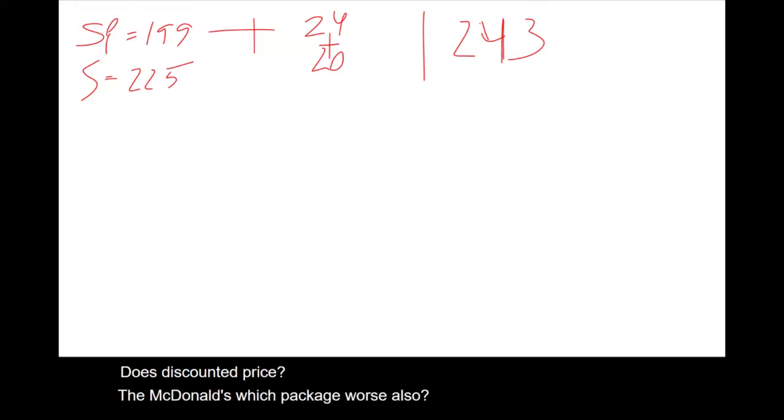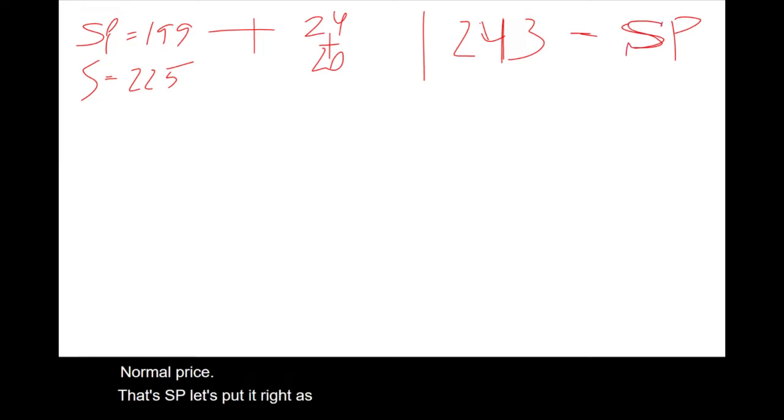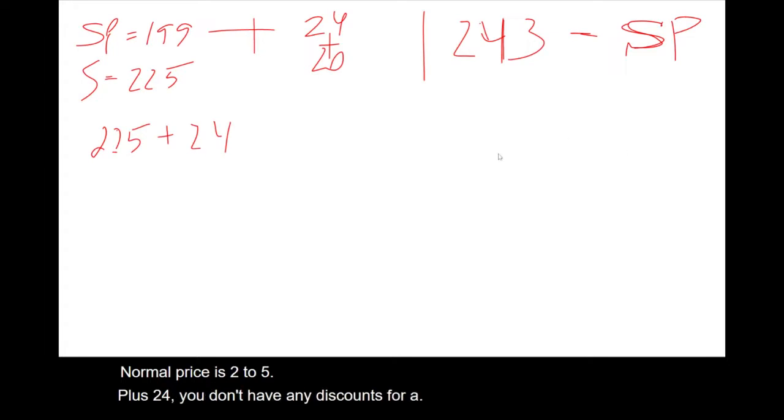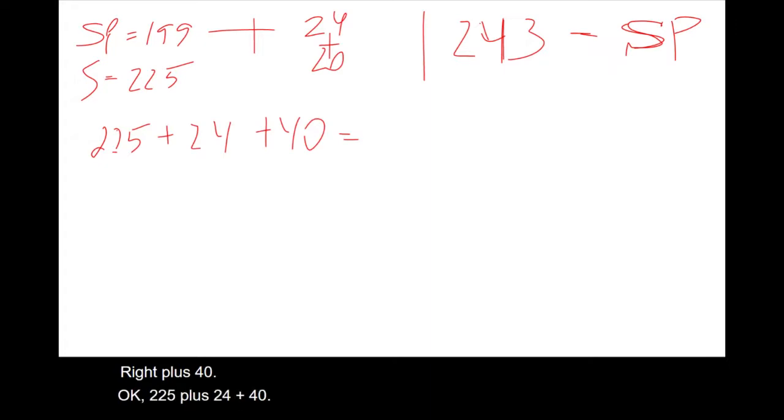Normal price, that's S. Let's put it right, S. Normal price is 225 plus 24. We don't have any discounts for breakfast, right? Plus 40. Okay, 225 plus 24 plus 40. That is 289.